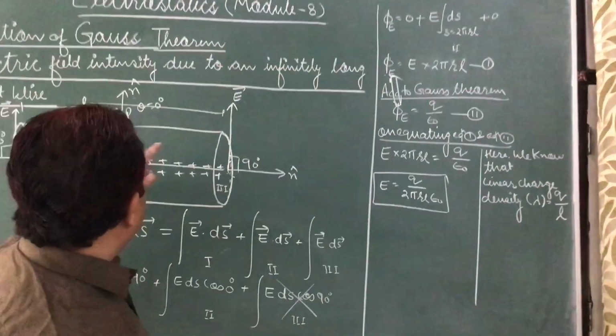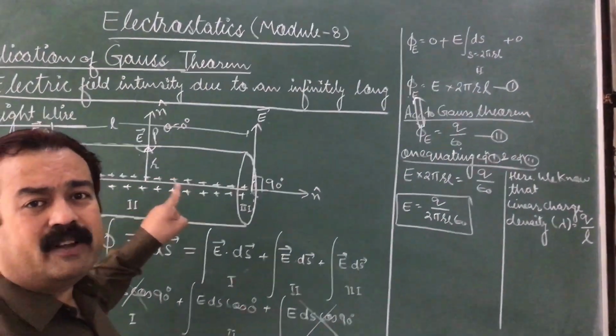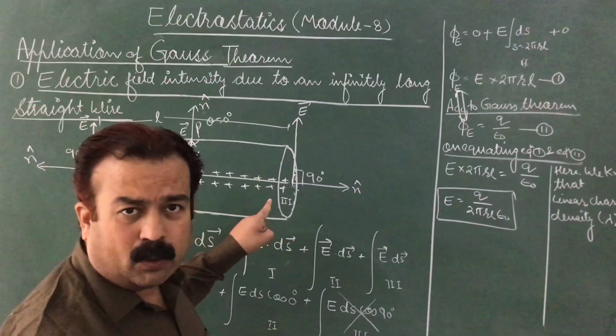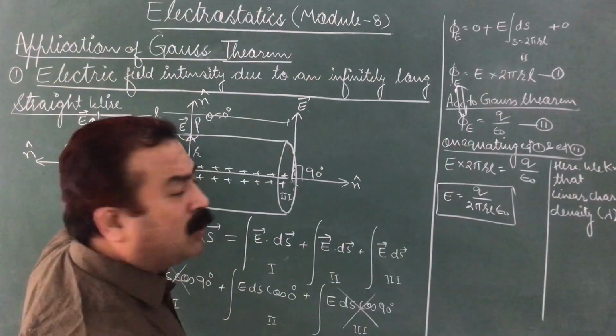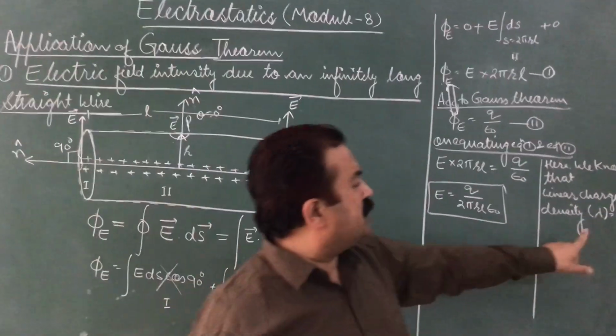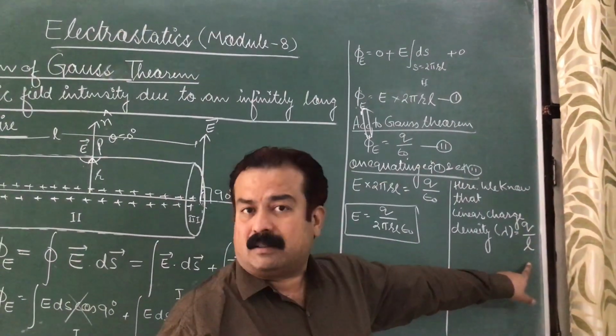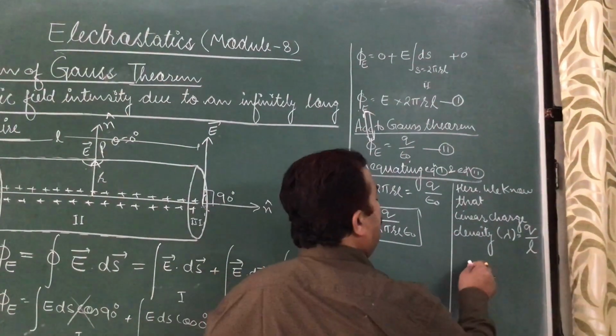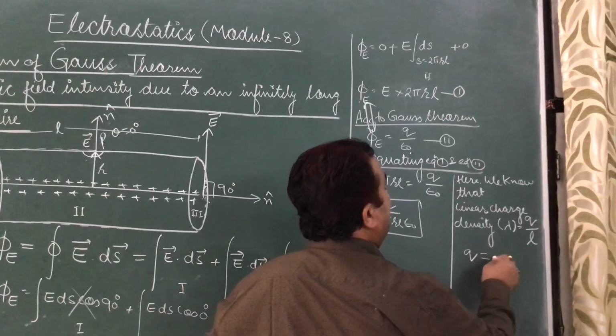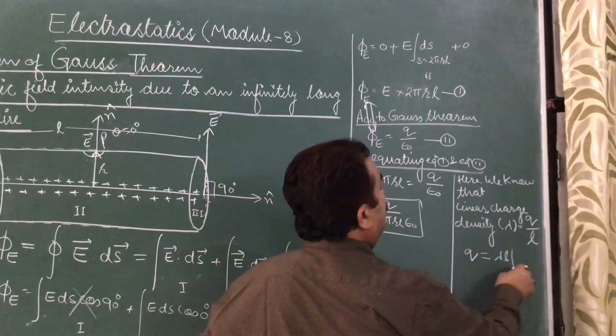Let the total charge present on this infinitely long straight wire be Q, and the length we have taken already is L. So what is the expression for the linear charge density? Lambda is equal to charge upon total length. So if we want to find the value of Q, that is equal to lambda into L.